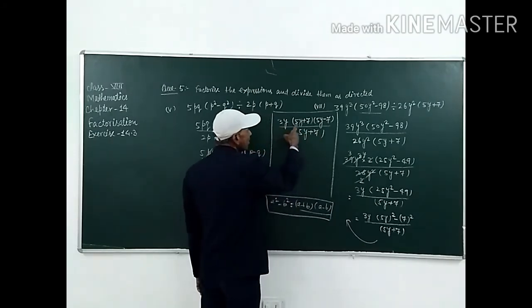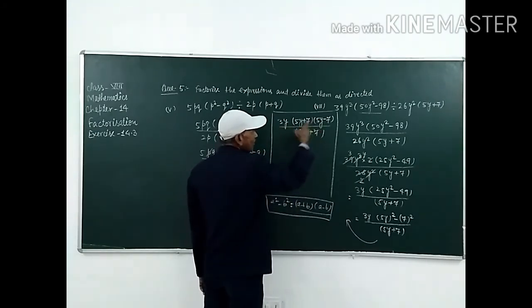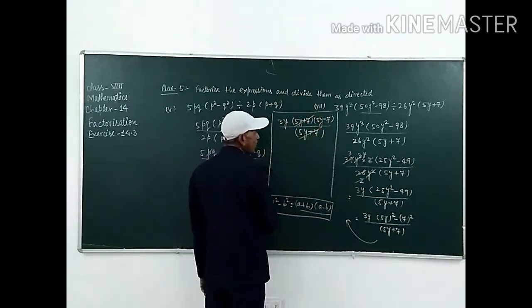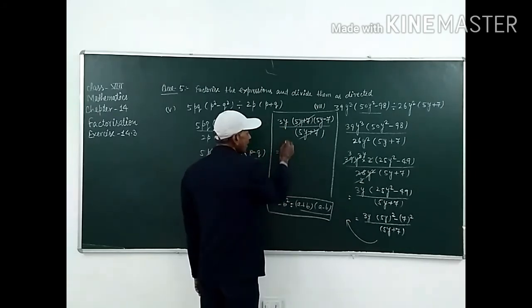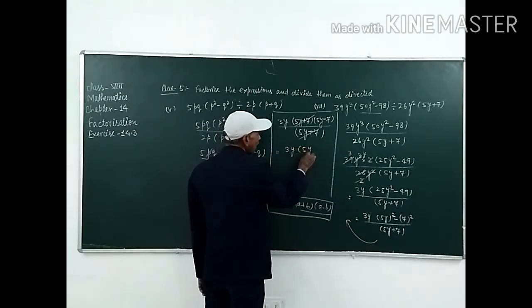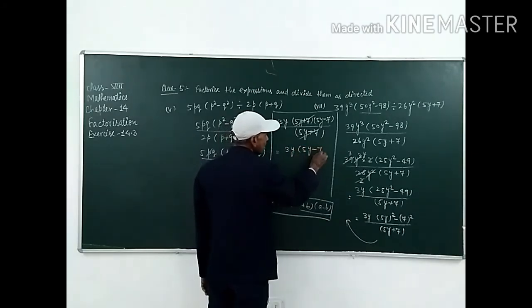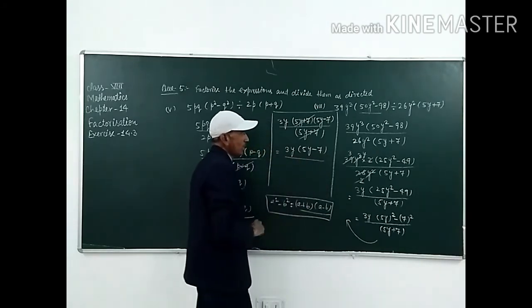So students, there is a sign of multiplication between all terms. We can reduce this 5y plus 7 by this 5y plus 7, and the remaining part will be 3y into 5y minus 7, and it will be the answer, students.